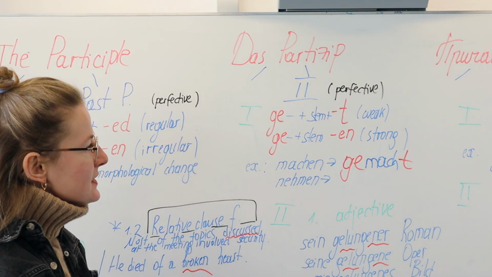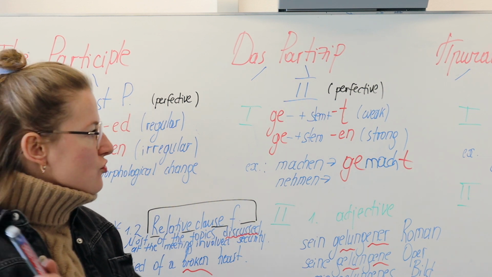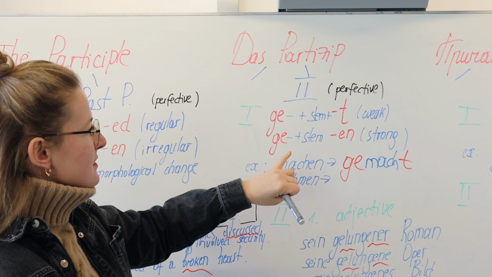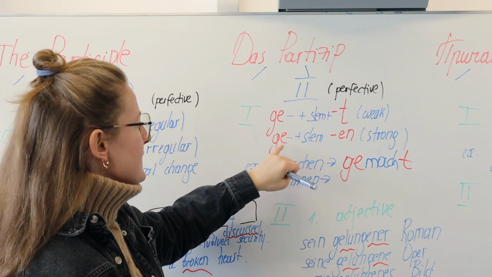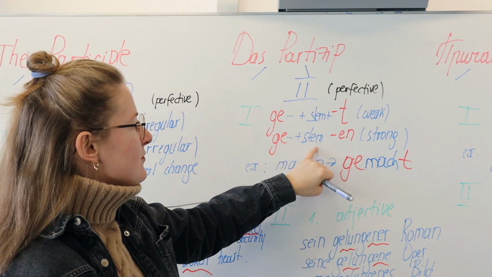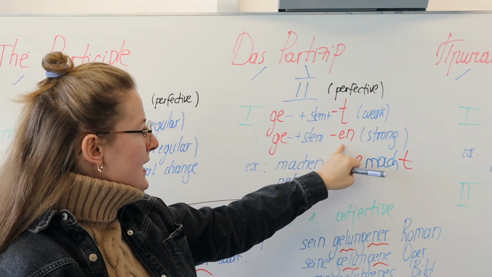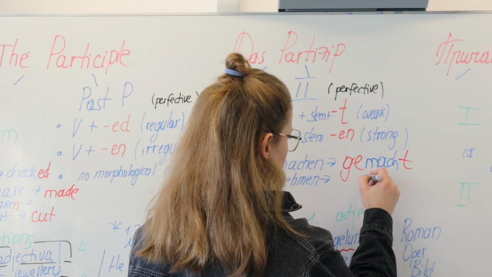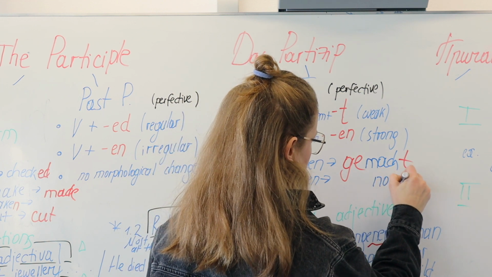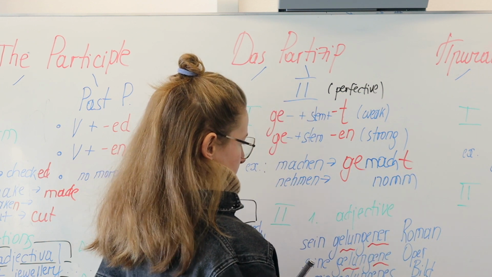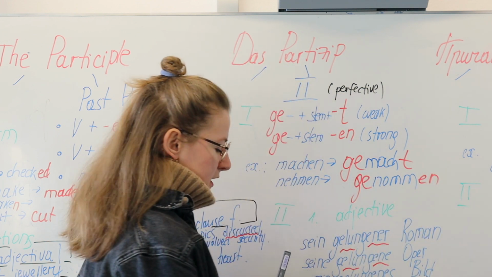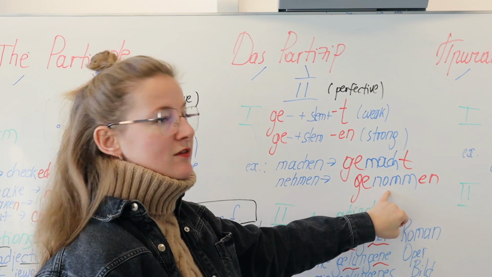Okay, but we also have the so-called strong verbs, and how do we build Partizip II with those? Again, prefix ge plus the stem of the verb and the suffix en, as in nehmen. Genommen. As you see, we've got a change in the stem.